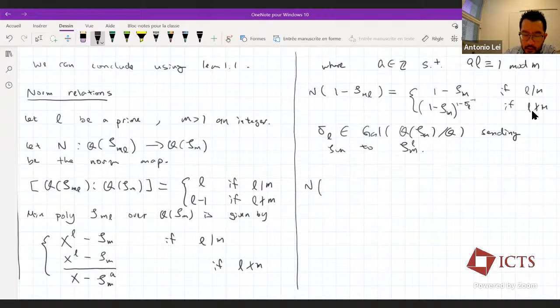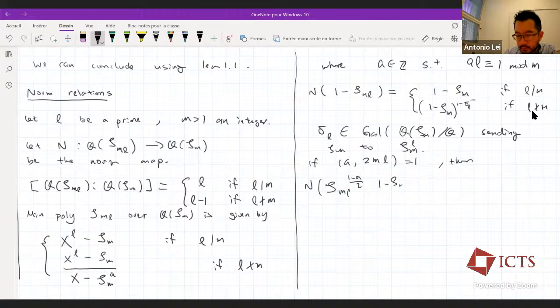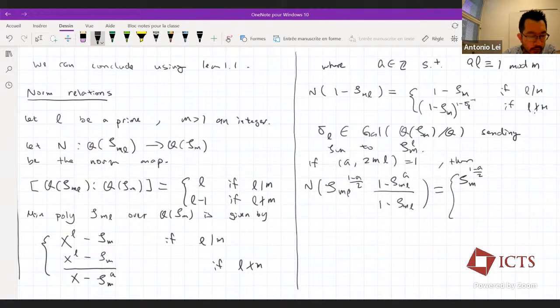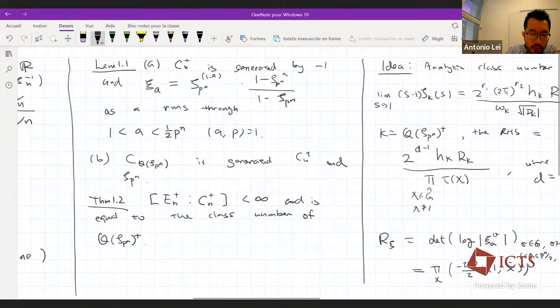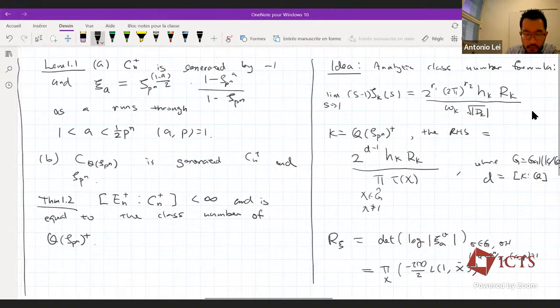Okay, so using this, we can show that if a is co-prime to 2ML, then we can work out that this is given by something like this. Sorry, I'm not writing this really well. So I guess earlier I should have written this as 1 minus a over 2, sorry.